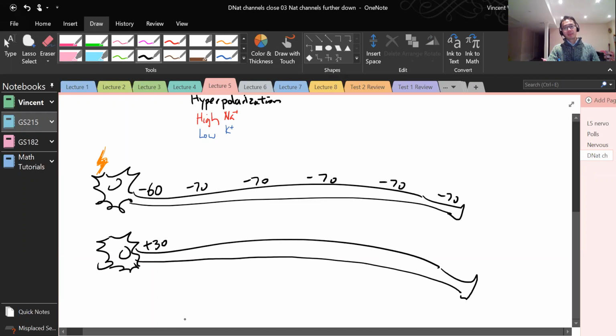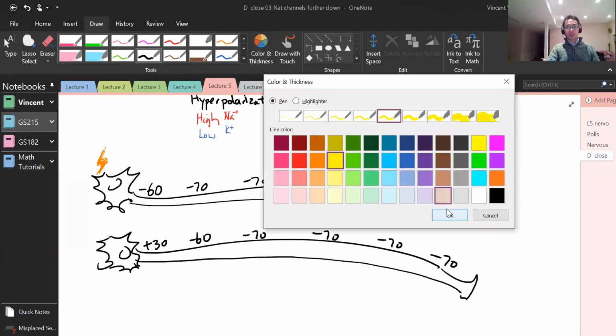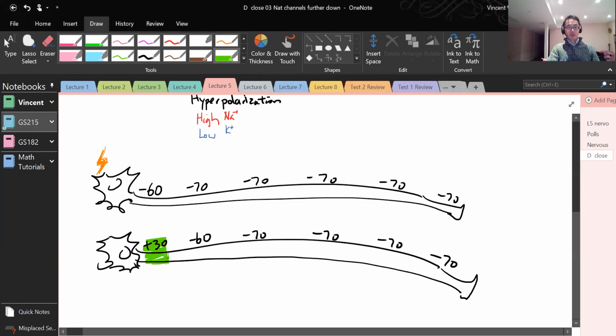With all the sodium coming in, the sodium channels will close, some of the sodium will move forward, and then we'll push the next section to -60. And the rest of it is still -70. So the influx of sodium causes the membrane potential to flip in this section. That's the action potential. It lights up. Ding, like that.